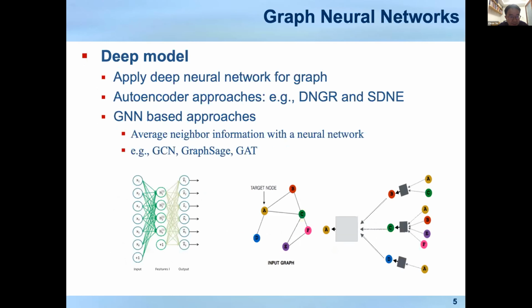Another type is deep models, which apply deep neural networks to graphs. It also includes two types. The autoencoder approach employs an autoencoder to reconstruct the graph, such as DNGR and SDNE. Another type is GNN, whose basic idea is that a node has a close embedding with its neighbors, so it averages neighbor information with a neural network, such as GCN, GraphSage, and GAT.